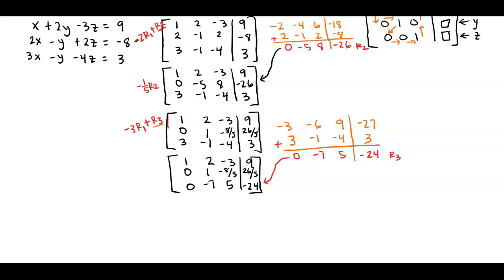So that means I'm going to do 7 times row 2, all of row 2, plus row 3. Okay, so which row is changing this time? The third. Row 3. Yep, row 3.